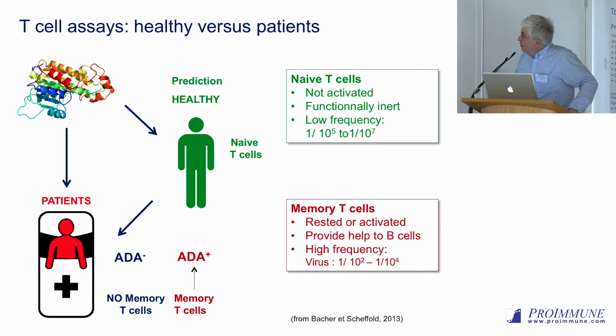And finally, if we investigate what happens in the naive T cells, are we sure that it is really predictive of what happens in the patients? In a sense, the question we can address is, are we sure that the peptide specificity of the T cells that we found in the naive repertoire really accounts for what happens in the memory T cells? This is the kind of question that we can address.